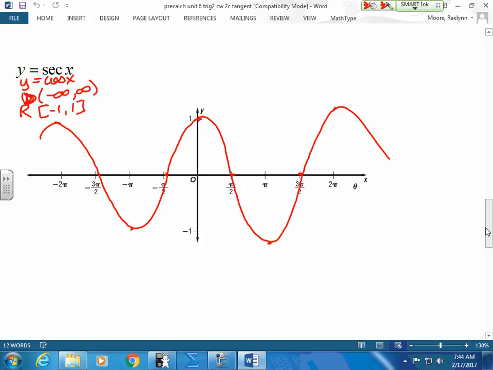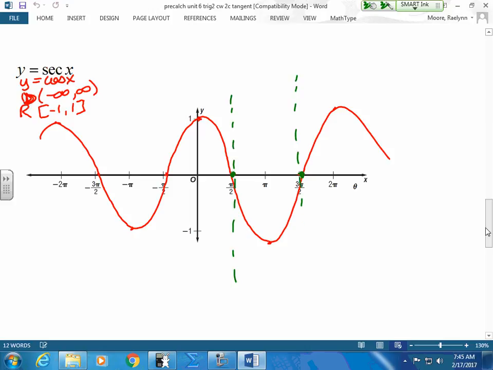Now, we know what we did the first time for secant. We're going to apply that same process here. Where are my asymptotes going to go? At the zeros. Because I can't flip 0 over 1 over, right? To 1 over 0. So at the zeros, make your asymptotes.